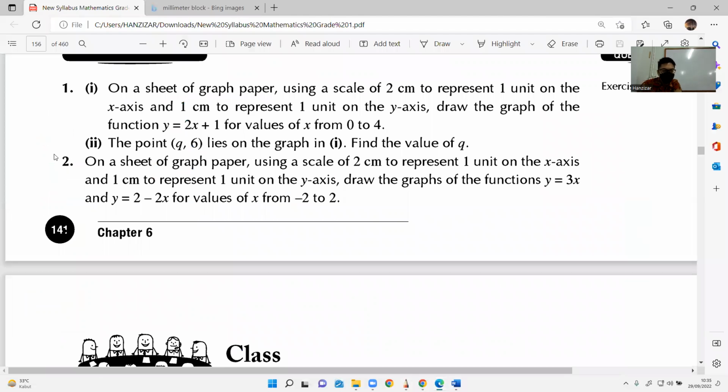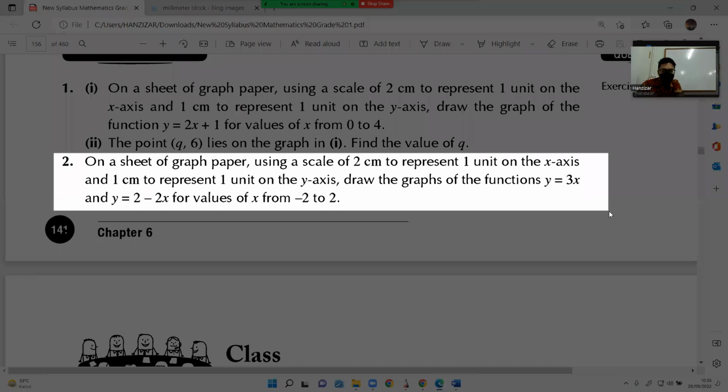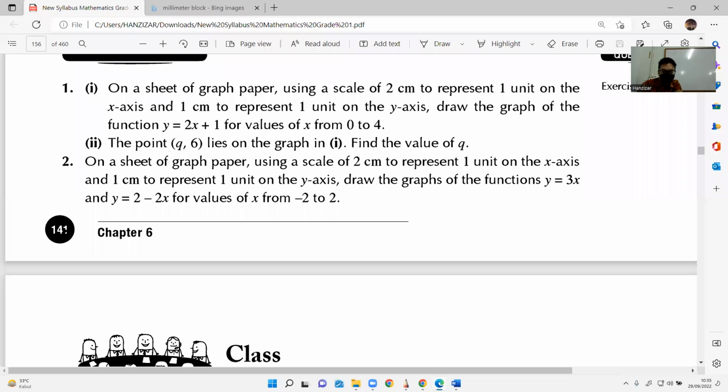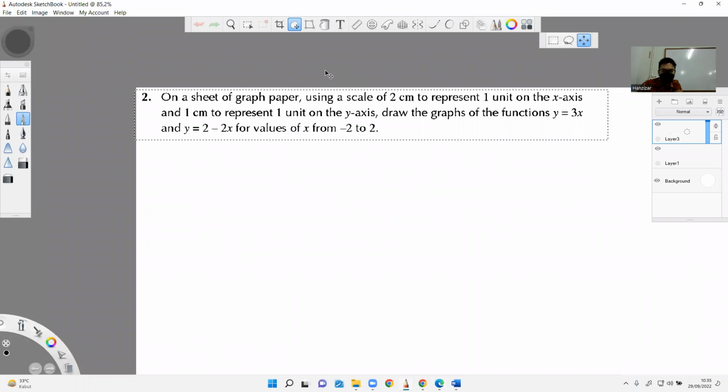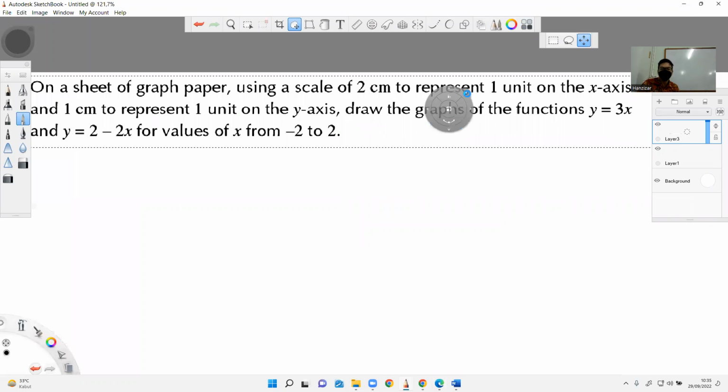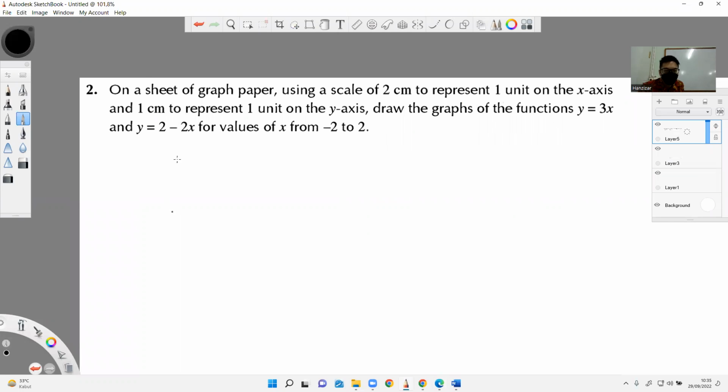There we go. On a sheet of graph paper, okay, I will make it bigger. By using a scale, 2 cm represent 1 unit on the x-axis and 1 cm represent 1 unit on the y-axis. Draw the graph of y equals 3x and y equals 2 minus 2x.